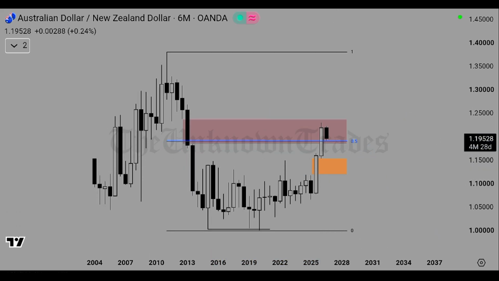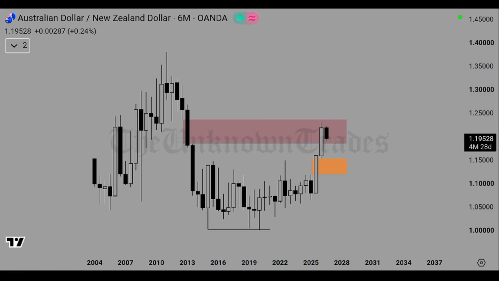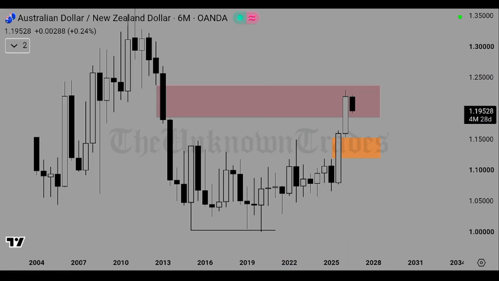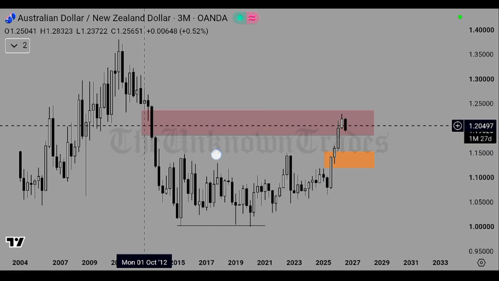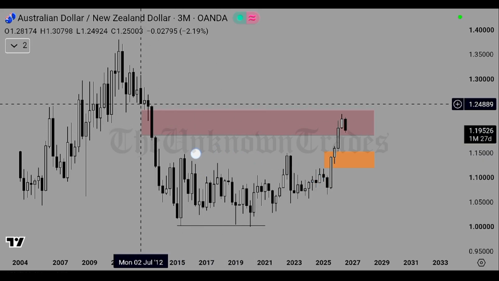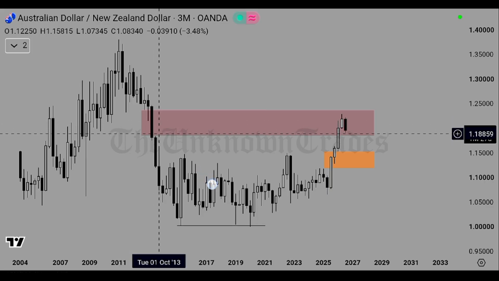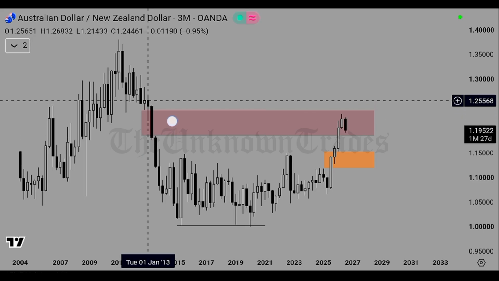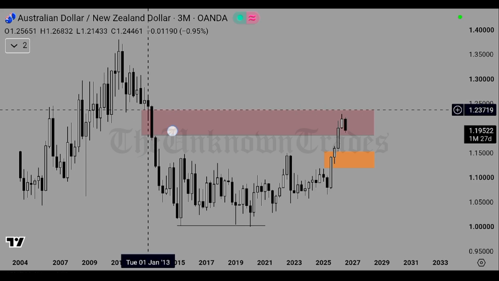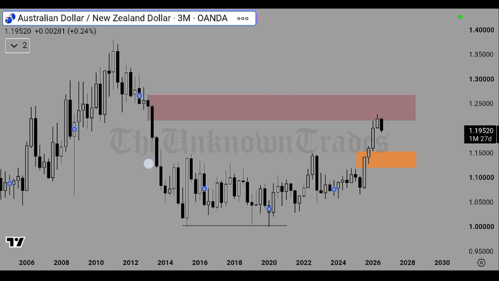Okay, so now I am going to delete this premium and discount tool so that you can see the chart clearly. Okay, traders, this is the 3-month chart of that pair, and this is the refined inefficiency of the 3-month time frame, and above this candle is the order block, so I can mark the order block.